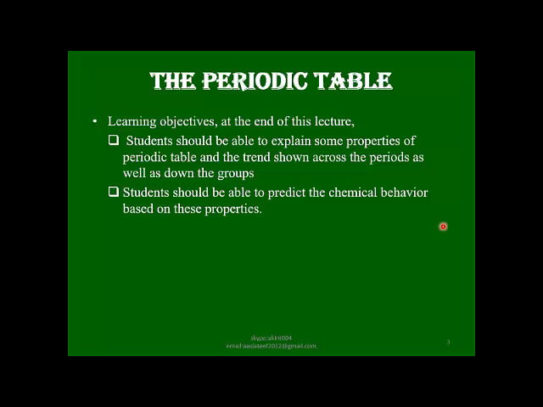So today we want to know the relationship between the elements in a group and in a period, because those relationships guide us in determining some physical and chemical properties and the nature of the bond each of them will form together when a compound is being formed.